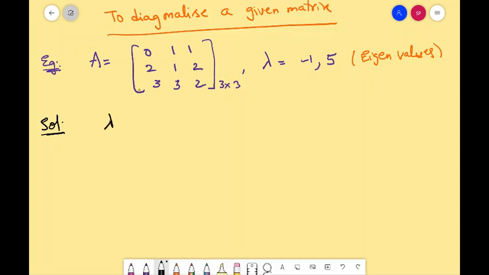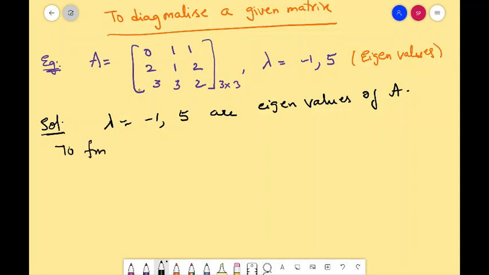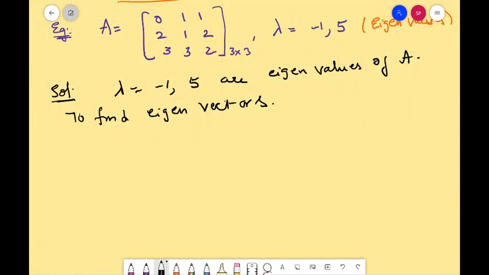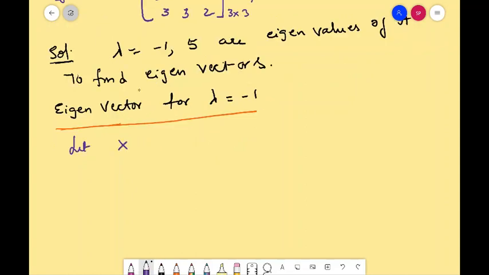So lambda equal to -1, 5 are eigenvalues of A. Then we have to find eigenvectors. So consider first the eigenvector for lambda equal to -1. Let x be an eigenvector for lambda equal to -1.